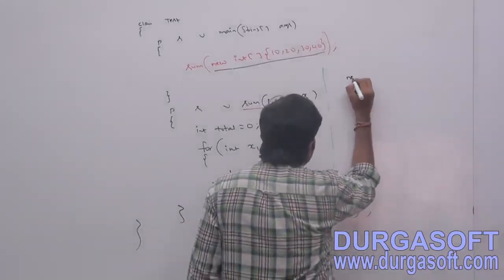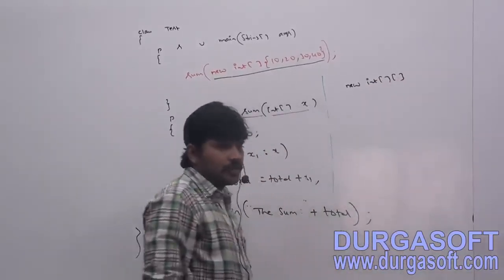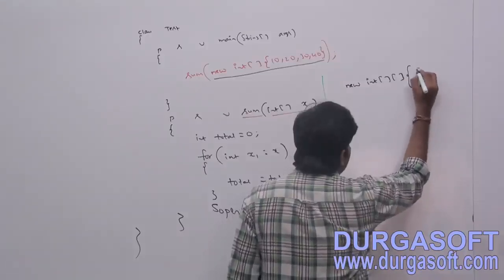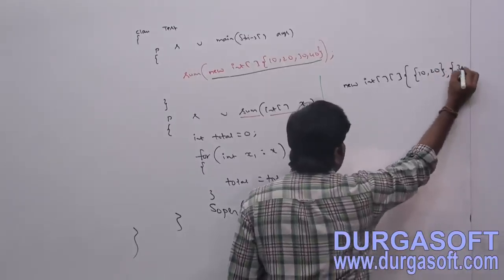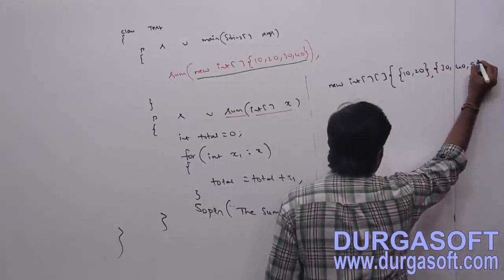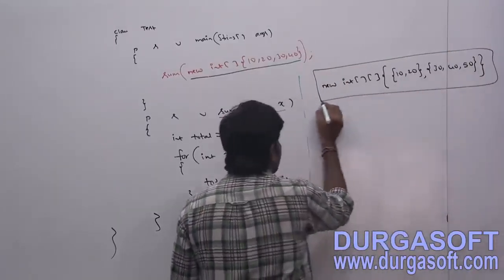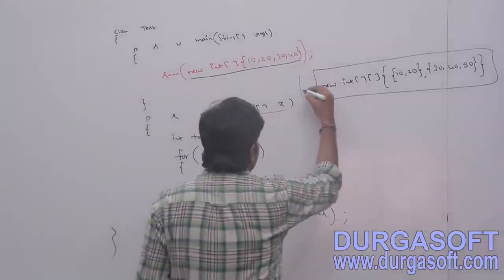Sir, new 2-dimensional array I am taking, with what values? Here 10, 20, 30, 40, 50, like this I am taking.